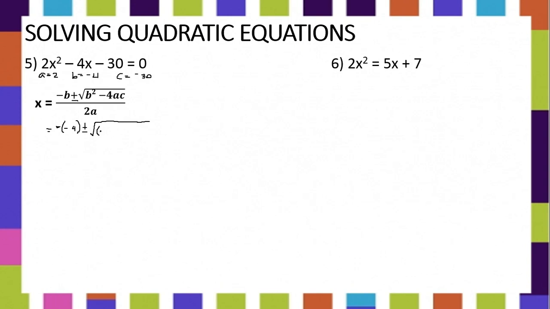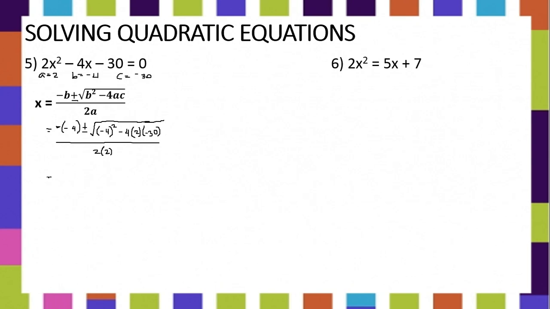Ano yung B? Negative 4. Negative 4 squared minus 4 times, yung A natin is 2, times, yung C natin is negative 30, over 2 times, yung A natin is 2.